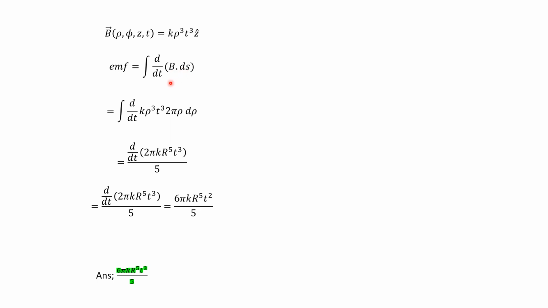So by the cylindrical coordinate system, when we integrate this, we can find d by dt of k rho cube t cube 2 pi rho d rho, and again it has been given that the radius is R. So by putting it, we can find that the EMF value will be 6 pi k R to the power 5 t square by 5. So our final answer is 6 pi k R to the power 5 t cube by 5. Sorry, here this is t square by 5.